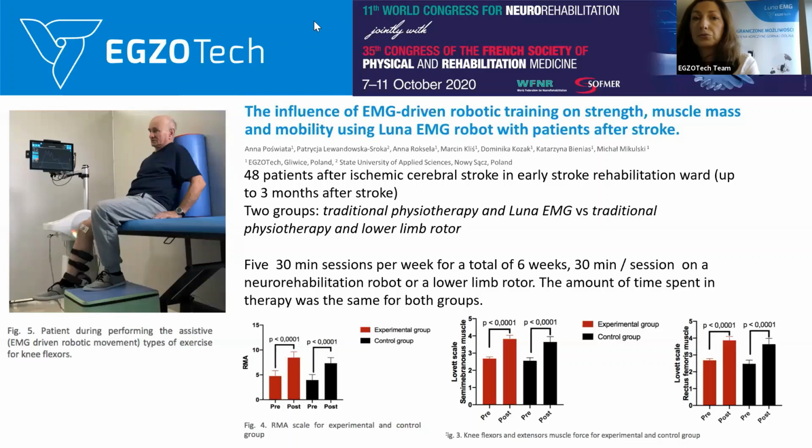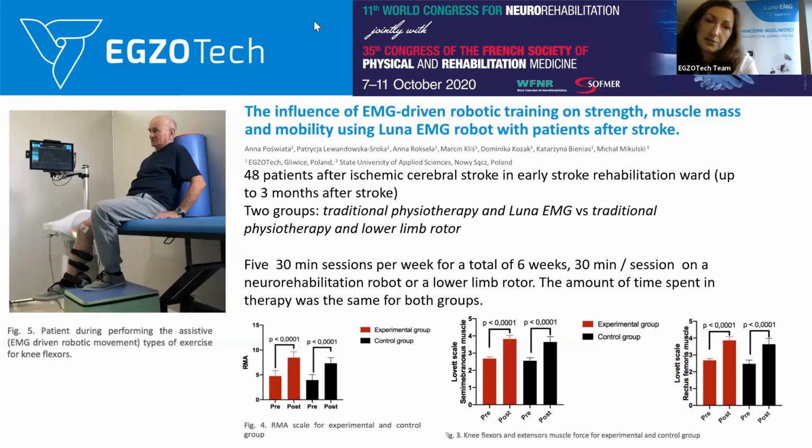We divided them into two groups. One received the traditional physiotherapy, so the active exercises with a ball or with the therapist, and Luna EMG. Another group received the traditional physiotherapy and a lower limb rotor.